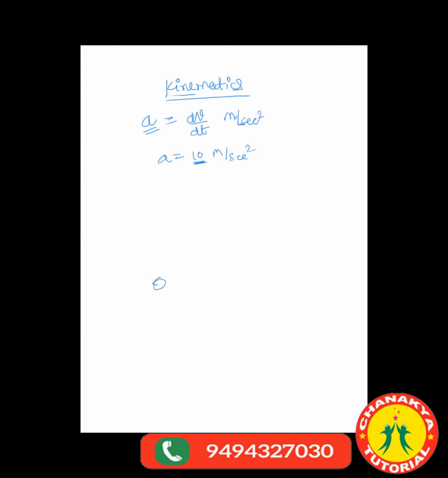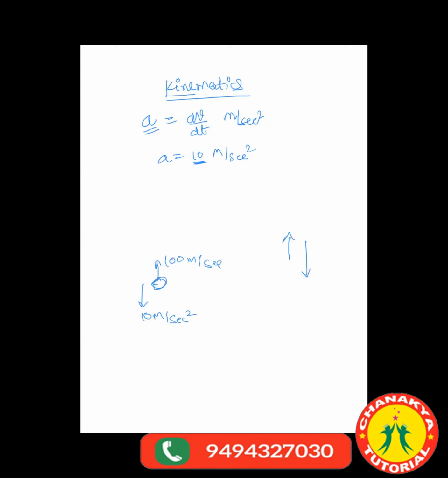Let's say we have a ball, we are throwing it with 100 meter per second. Now the acceleration due to gravity is 10 meter per second square. So as you can clearly see here, the velocity vector and the acceleration vector are in opposite directions. That means the velocity is going to decrease, correct?